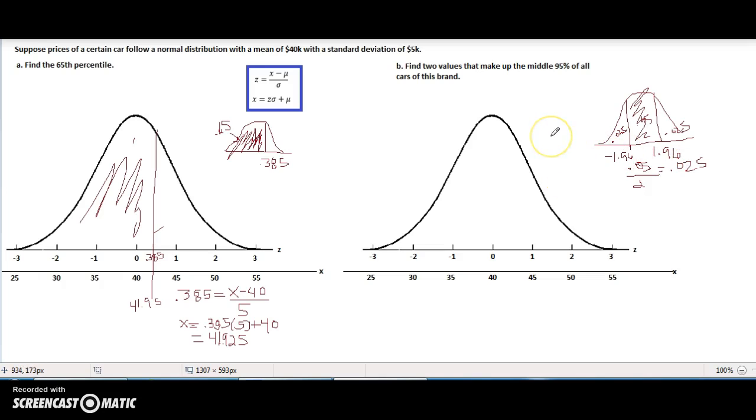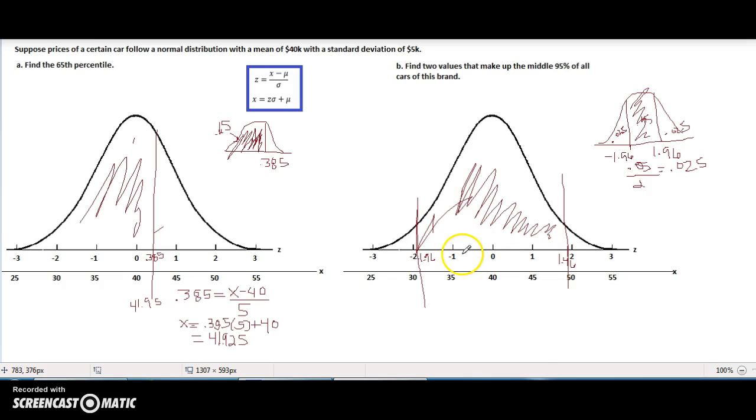So now we can draw this on the graph, because we know where that is. That's a z of negative 1.96, and again, positive 1.96. And we want to find the middle 95%.